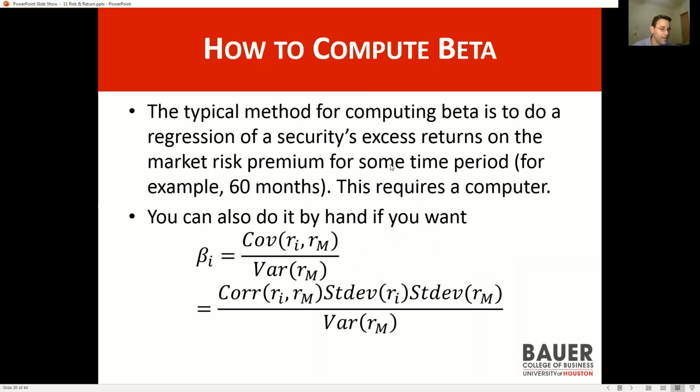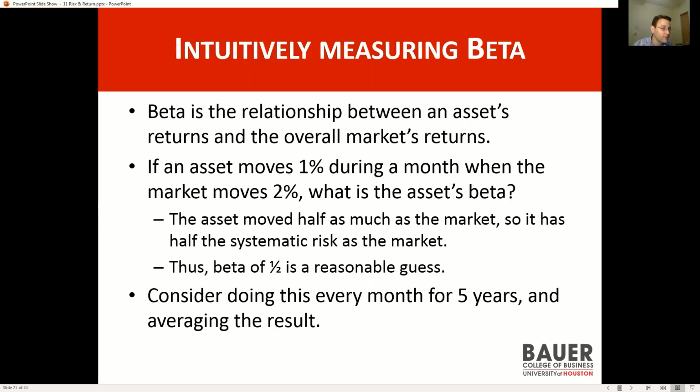To compute the beta, we know that it's this sensitivity between your investment I and the overall market. So statistically, we could measure this as a covariance or a correlation. We're not going to do this. This is a little bit too much statistics for our class. But the idea is you want to know how these things co-move. I want to talk about it a little bit more intuitively.